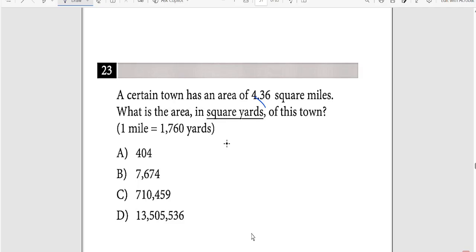So 1 square mile equals the square of 1760, which is 3,097,600 square yards.